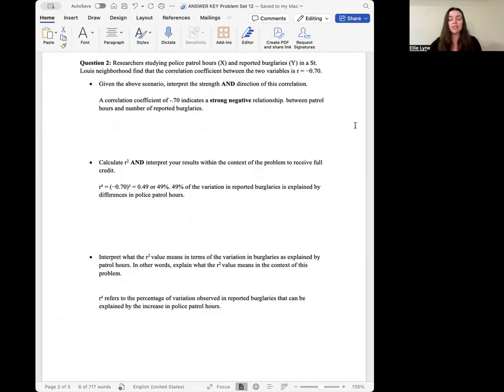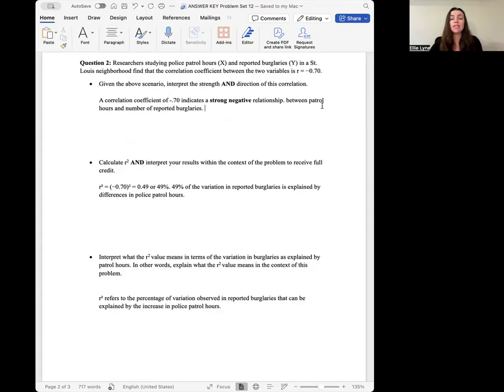The first thing I always like to do is take a look at the direction of the correlation. Here I see that we have a negative sign, so I know that I have a negative relationship this time rather than a positive one. And this time I see that the strength has actually increased relative to what I saw before.